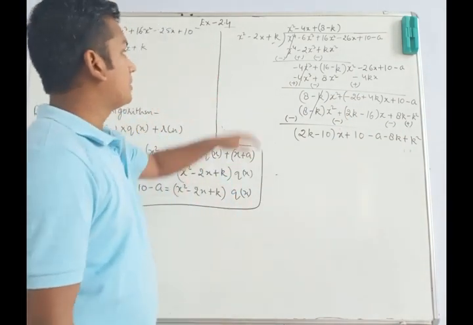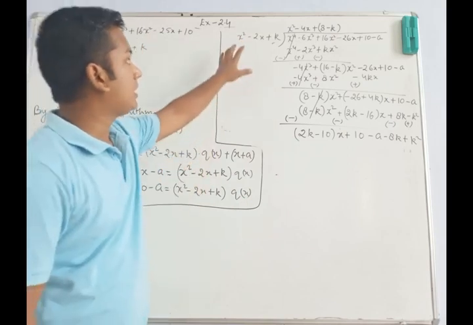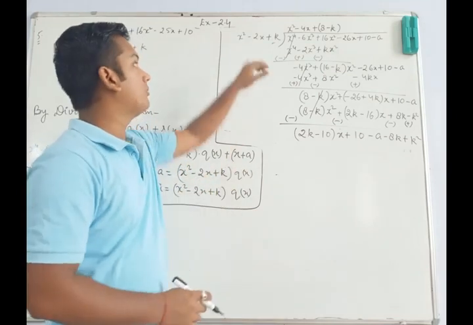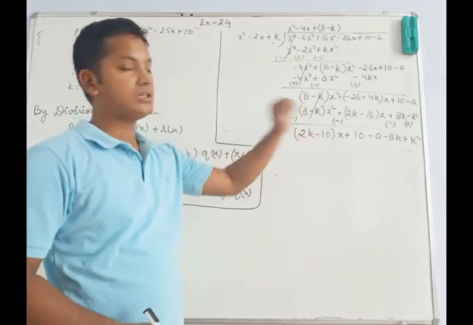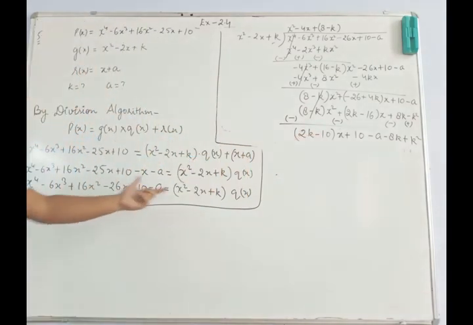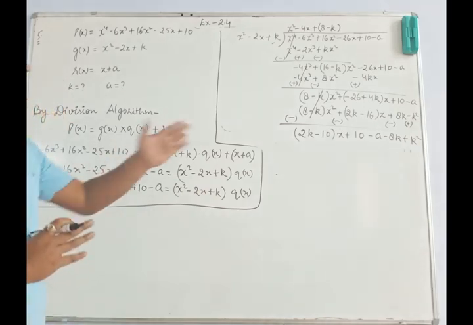Why? Because already we are having x square over here. If we multiply this equation only with 1, then also we will be getting an x square, but we are not having any x square over here, so it will be the remainder. But as we have said earlier, if we divide this polynomial by this polynomial, we will not be getting any remainder, but we are getting a remainder.